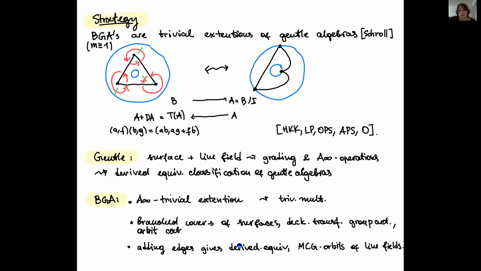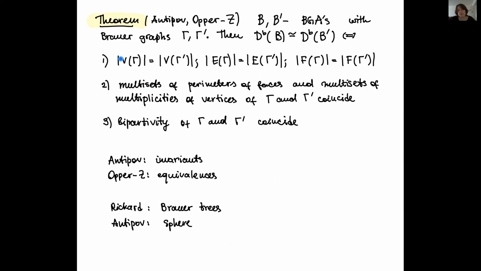After that, we can deduce that Brauer graph algebras corresponding to orbits, so they are basically defined by orbits of line fields under the mapping class group action, and then we can use the classification of these orbits of line fields due to Lekili and Polishchuk to match their invariants to our combinatorial invariants and get the theorem. That's all.